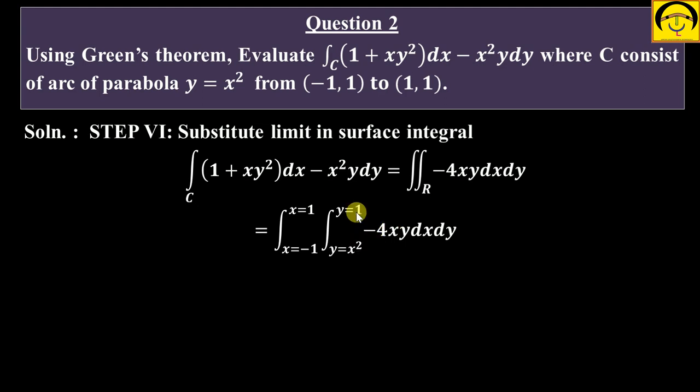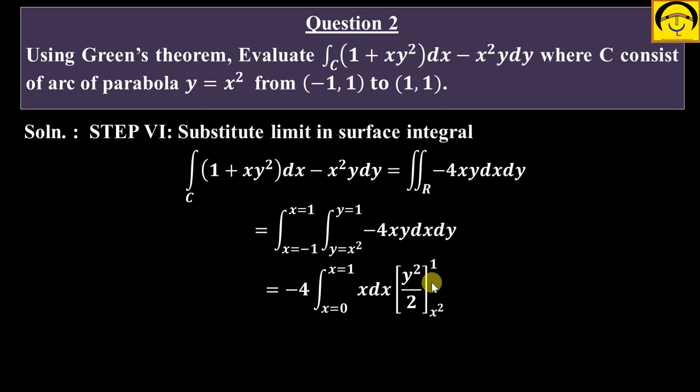The inner integral is with respect to y, and since y depends upon x as a limit, it is useful to integrate with respect to y first. If we integrate with respect to y, it will be y square by 2. So the 2 will cancel, and it will be minus 2 outside.